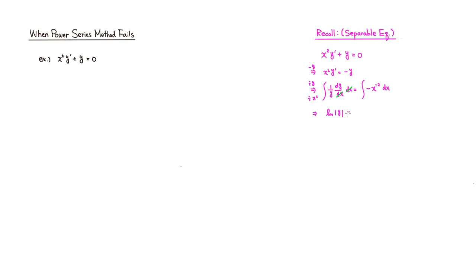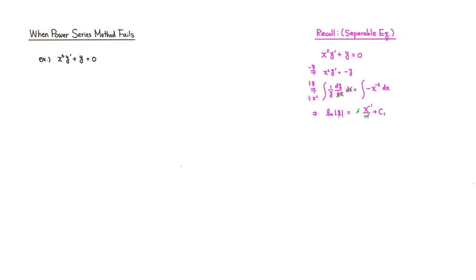The antiderivative of negative x to the negative 2 is negative x to the negative 1, divided by negative 1, plus some constant, which I'll call C1. The negative signs cancel out.